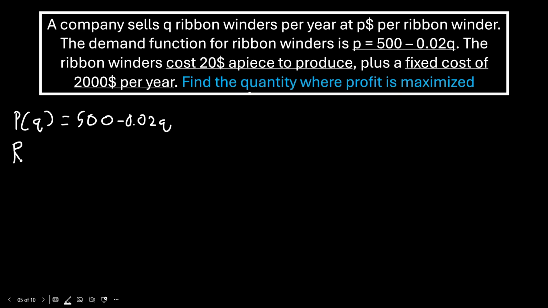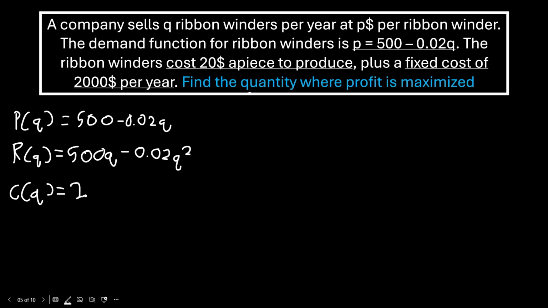Our revenue function, now remember from the last slide that revenue is our quantity sold times the price of our products, which is Q. So this was simplified to 500Q minus 0.2Q squared, and our cost function equals 20Q plus 2,000 from our fixed cost.